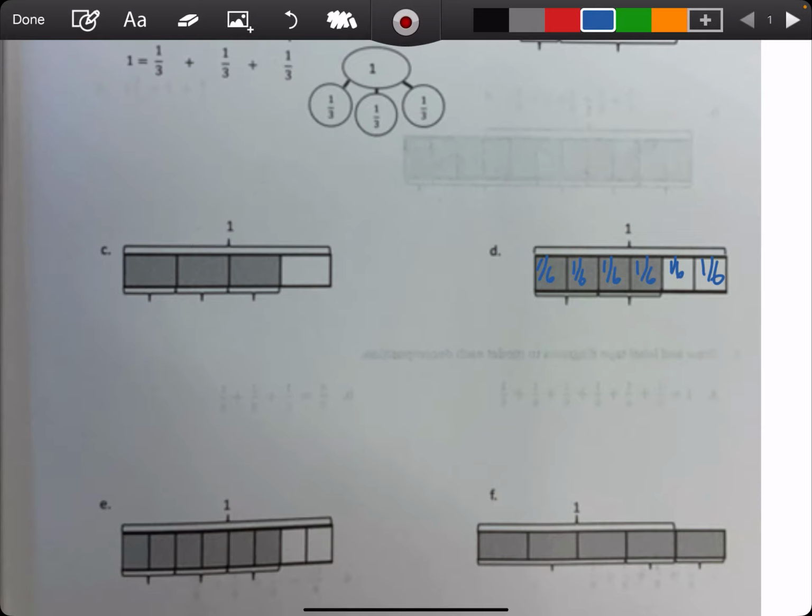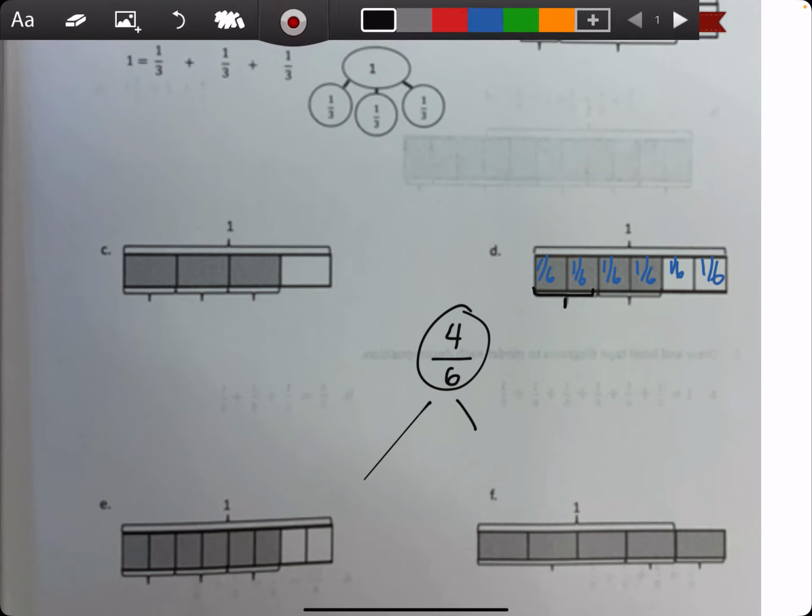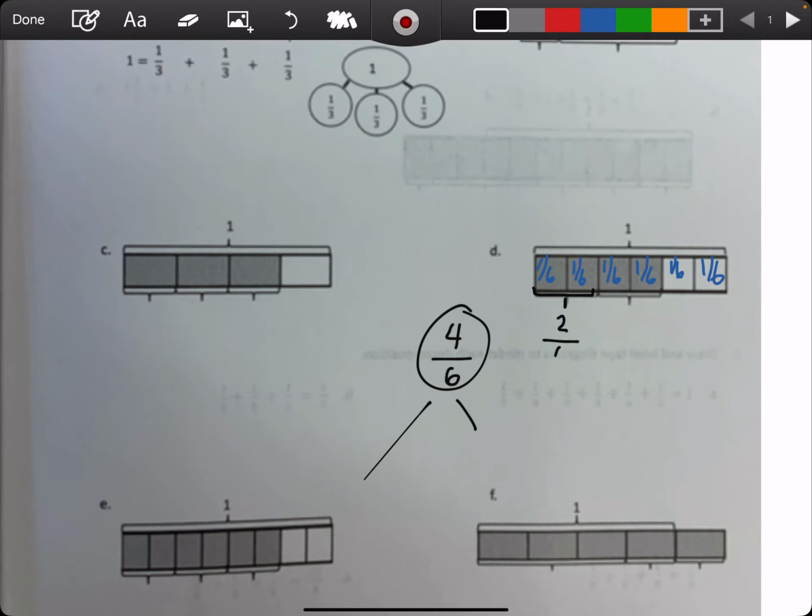But how much is shaded? Well, I look here, how much is shaded? 1, 2, 3, 4/6. 4/6 is shaded. So 4/6 is going to be the top of my number bond. And it's being broken up or decomposed into, well, I'm going to look. Here, it's grabbing 2 pieces together, 2/6.